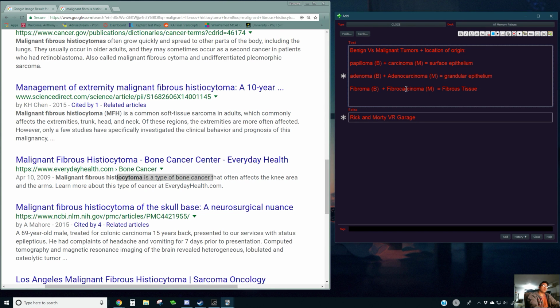Yep. Oh no, I'm wrong. It's just fibrosarcoma. Easier than I thought.